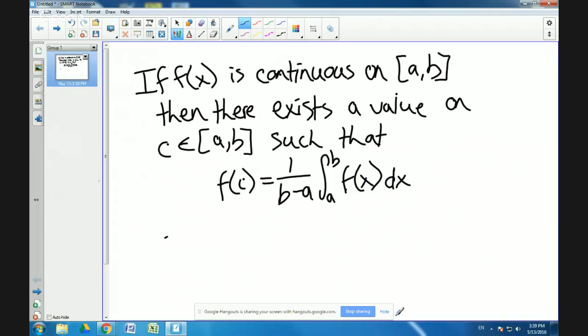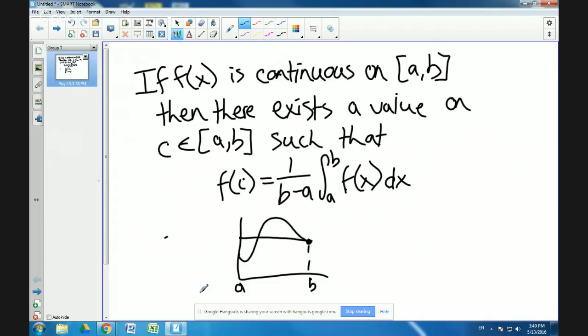Okay, so this is, like I said, the mean value theorem for integrals. We commonly call it the average value theorem. So basically you're finding f of c, which is your average value. If you have a graph of your function f of x on the closed interval from a to b, basically you're finding your average height.